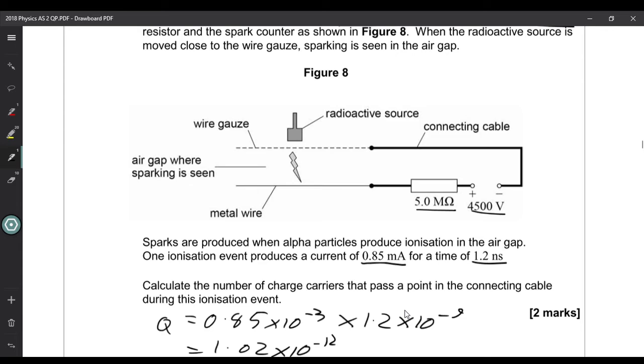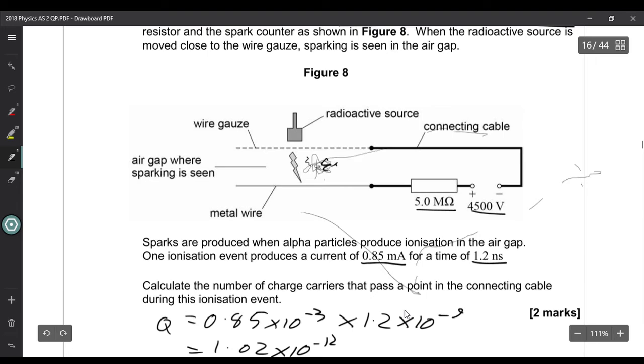So when it's 10 centimeters away, there's not going to be any ionization between the gap here, and therefore there's going to be no change in the potential difference across this gap, because there's going to be no ionization during that time.